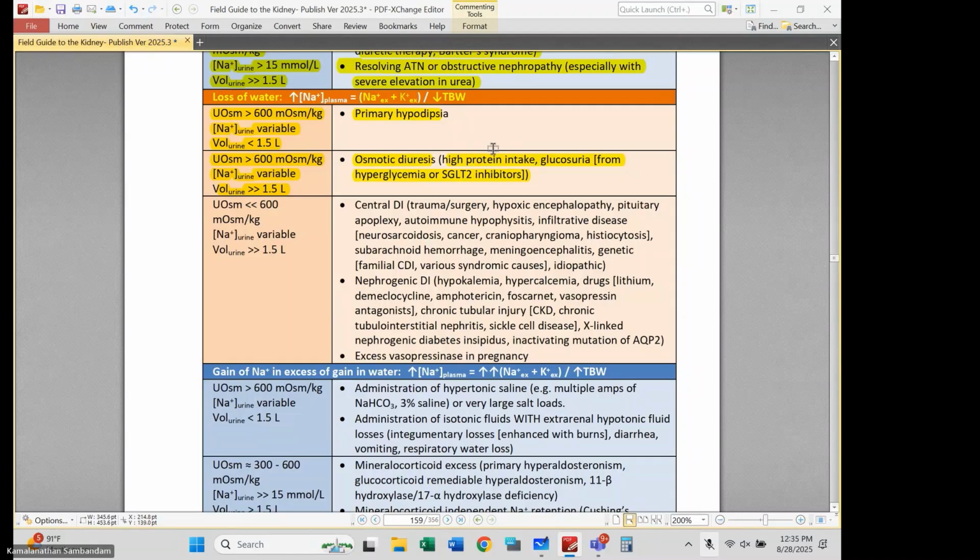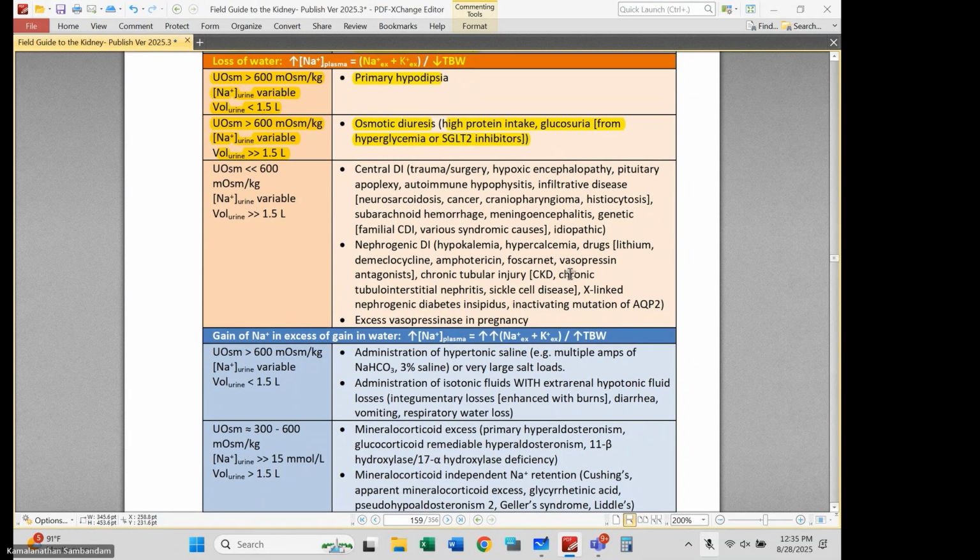Here are examples of those osmotic diuretics: high protein diet, glucosuria from uncontrolled diabetes, or from the use of SGLT2 inhibitors. That would be another scenario that would enhance free water loss in the urine.